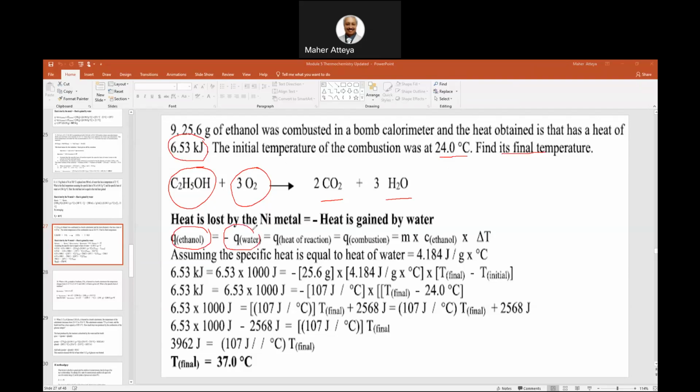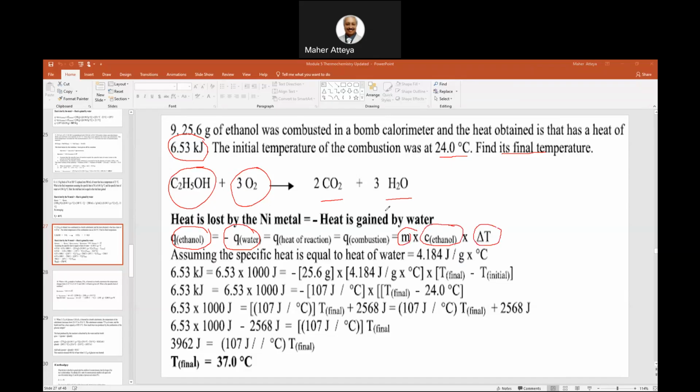You have two systems. One is losing heat, which is the ethanol, exothermic, and one is gaining heat, which is H2O, endothermic. So the heat of combustion will be the mass of ethanol multiplied by its specific heat multiplied by delta T.